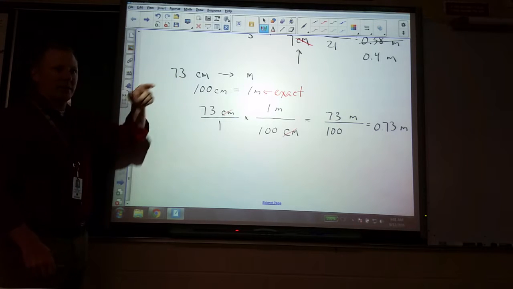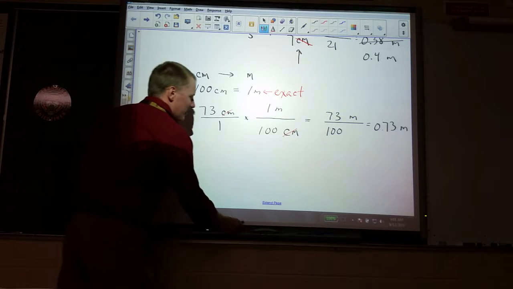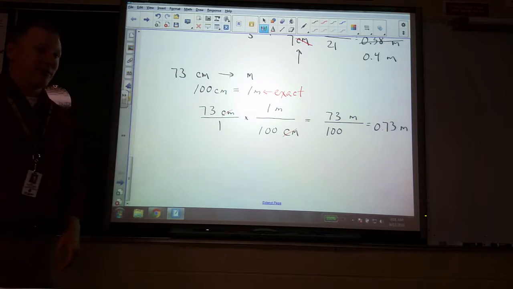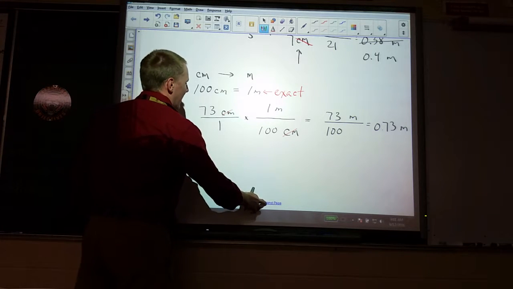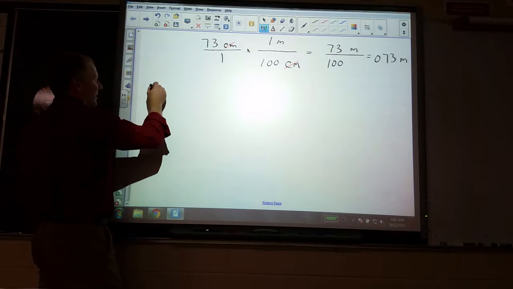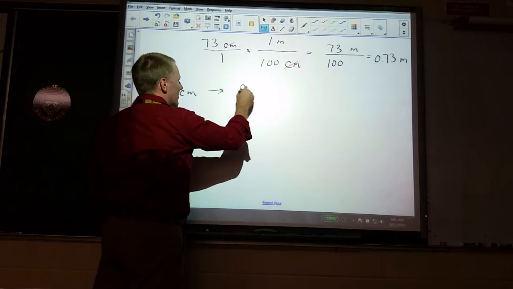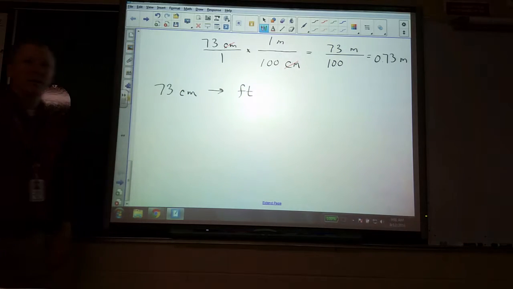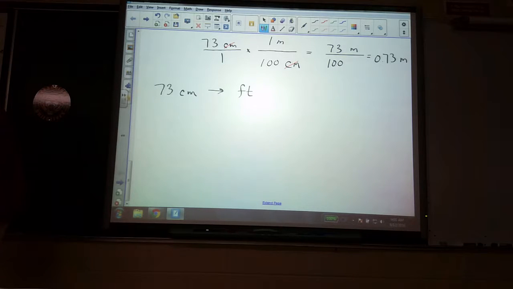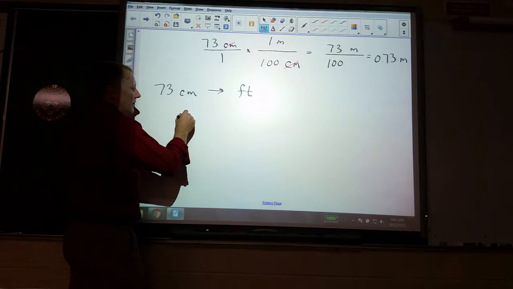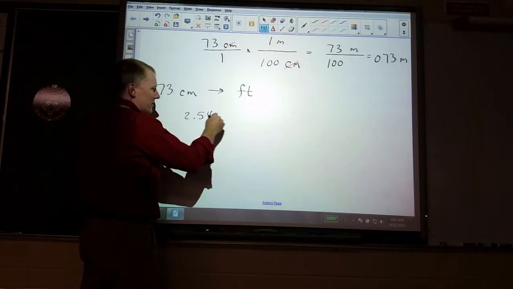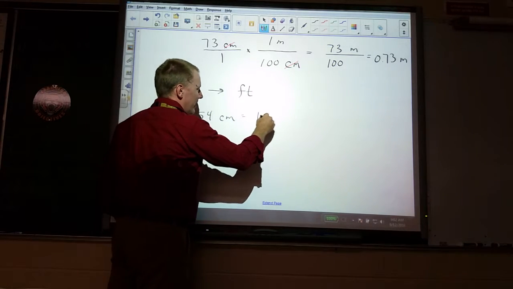So we go back to the original problem, which was 73. Let's try something that's a little bit different, though. Let's say that we say 73 centimeters into feet. I don't remember how many centimeters go into a foot exactly, but I do remember that there are 2.54 centimeters in 1 inch.